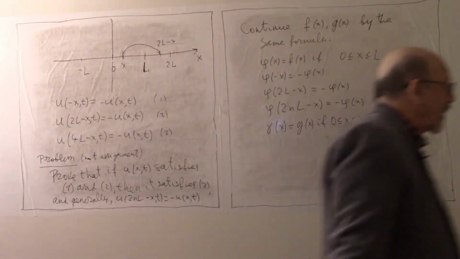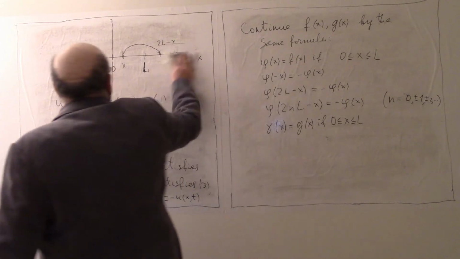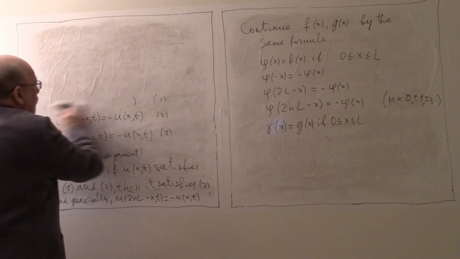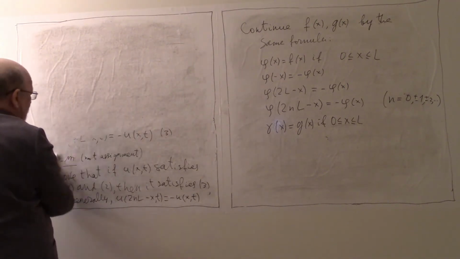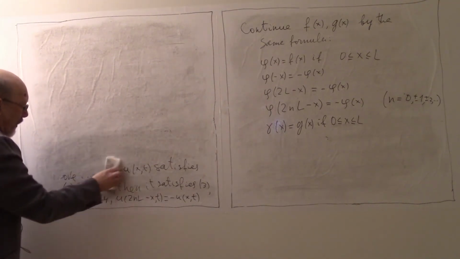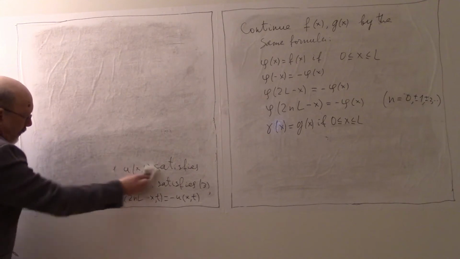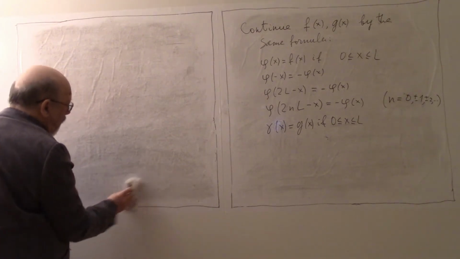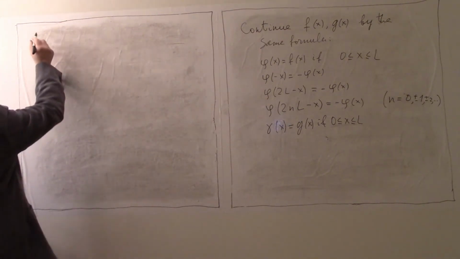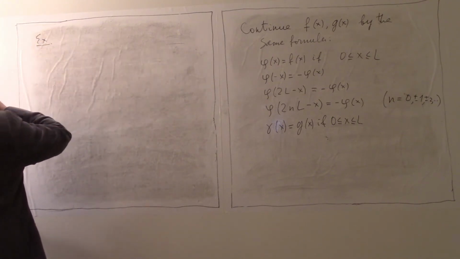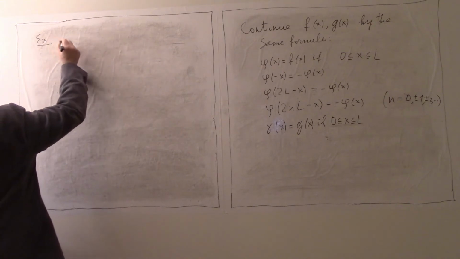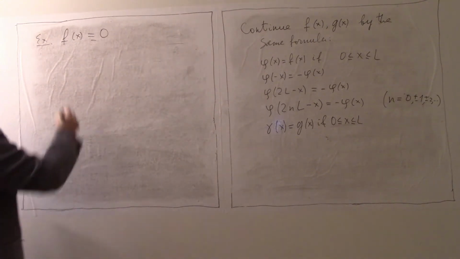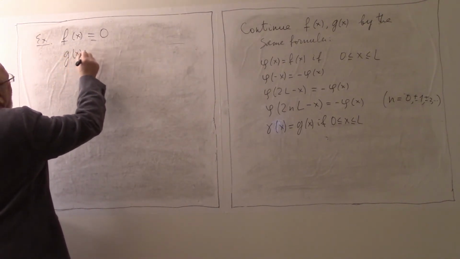So let us consider one example. f of x equals 0, g of x equals 1.